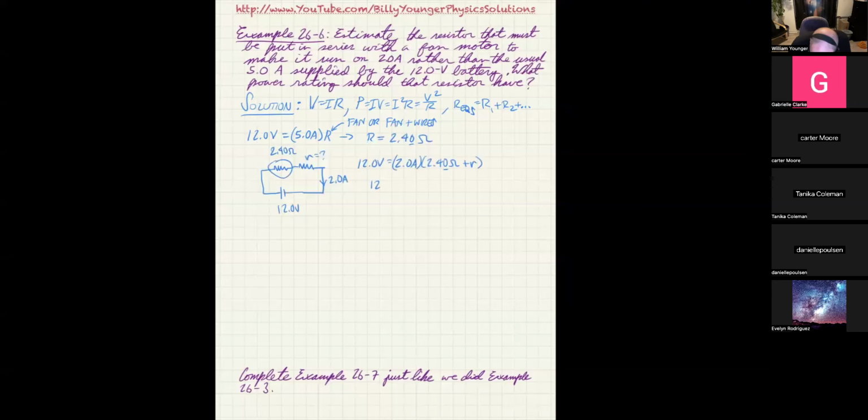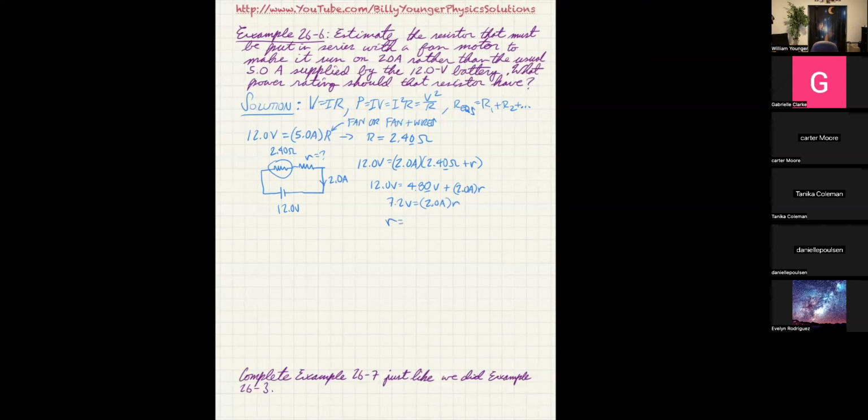So what I have now is 12.0 volts is equal to 4.80 volts plus 2.0 amps times R. Okay, so now what I've got to do is subtract the 4.8 from the 12.0. So 12 minus 4.8 is equal to 7.2. And that's equal to 2.0 amps times R.